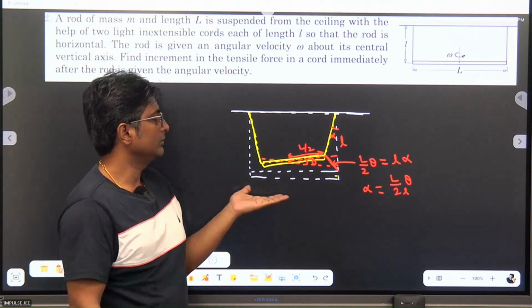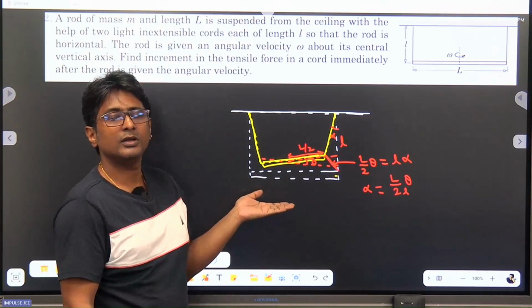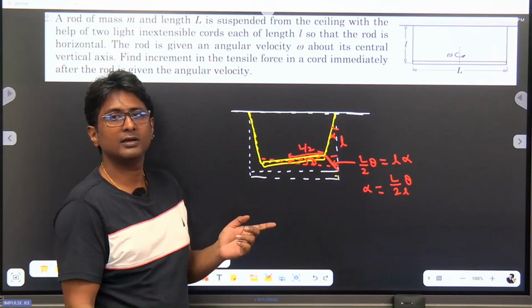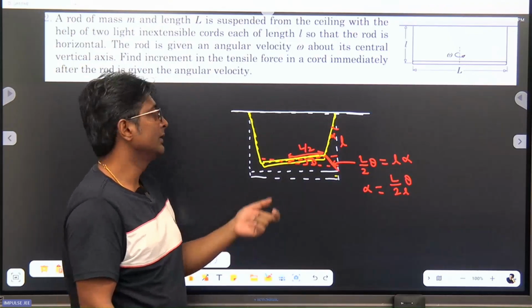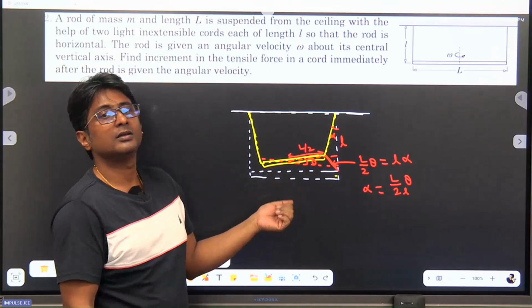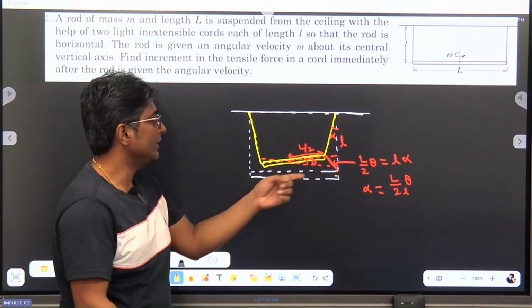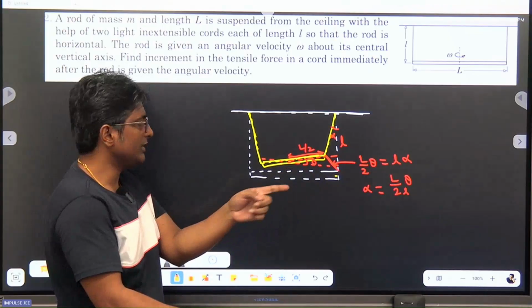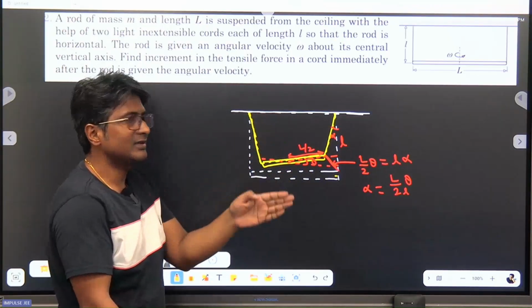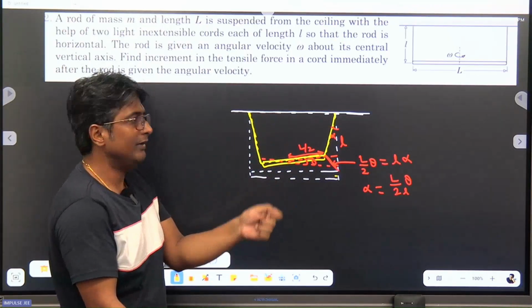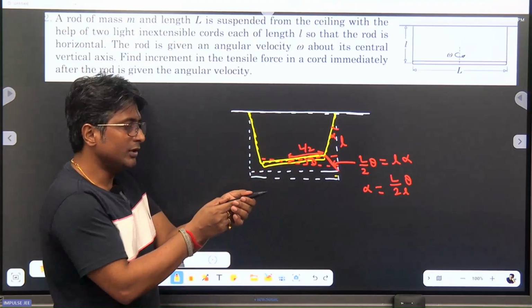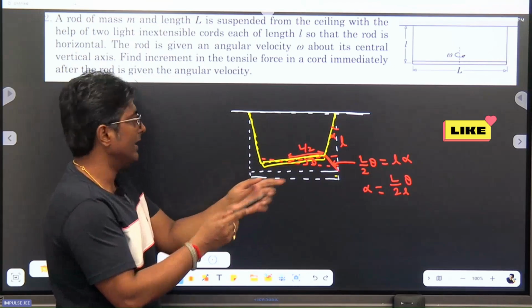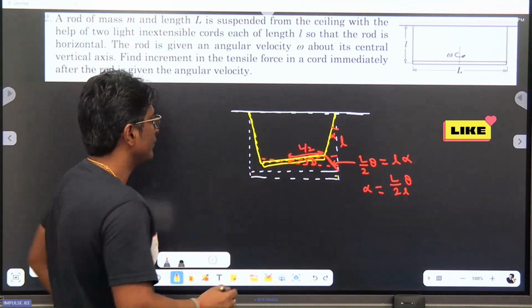Now we can think about the curvilinear motion concept, in which if any velocity vector is changing its orientation, then how do we write the acceleration. Because here this end is moving with omega L by 2 just after release, but since it is constrained, the rope will lift it, meaning during the course of rotation, simultaneously it will be tilted at this angle of alpha.